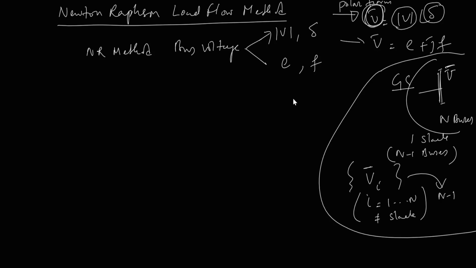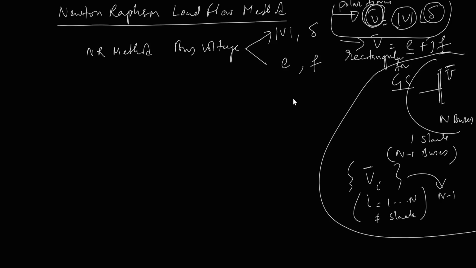And if I assume the bus voltage as real and imaginary parts like E and F, then it is called the rectangular form. Today we will be discussing the polar form of the Newton-Raphson method, where the bus voltage is assumed to be voltage magnitude at an angle delta.